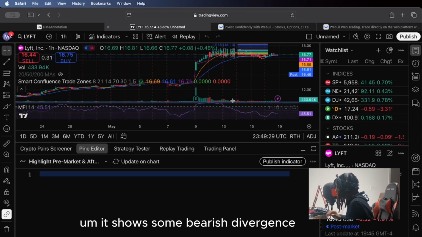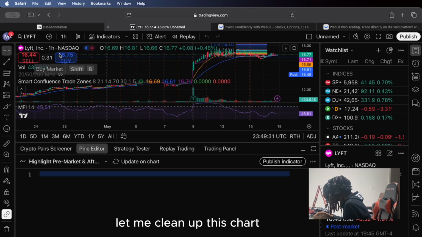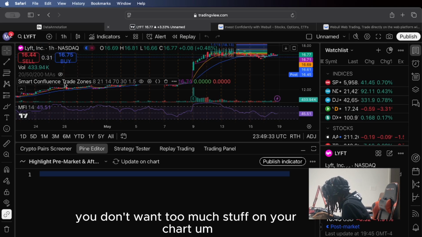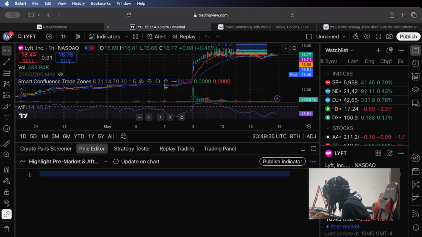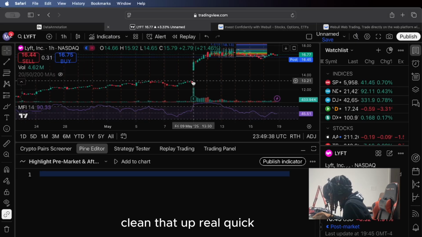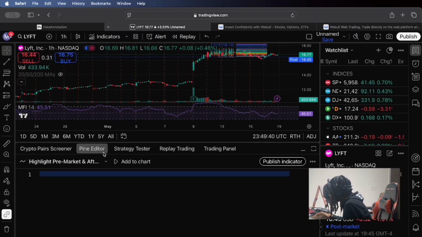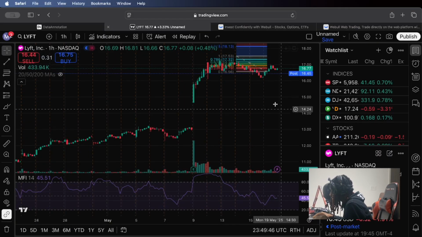It showed some bearish divergence. Well, let me clean up this chart. You don't want too much stuff on your chart. Let me clean that up real quick. All right, cool.